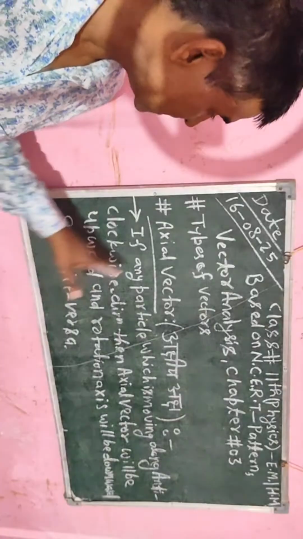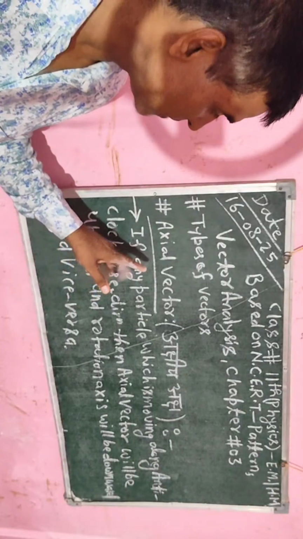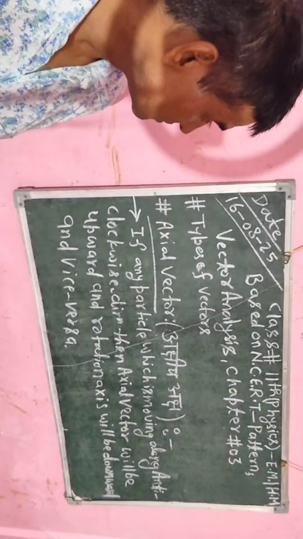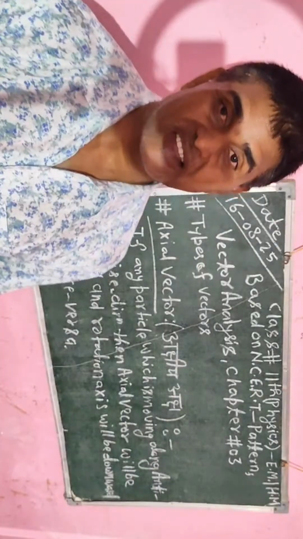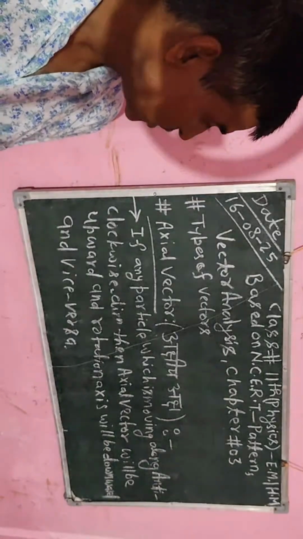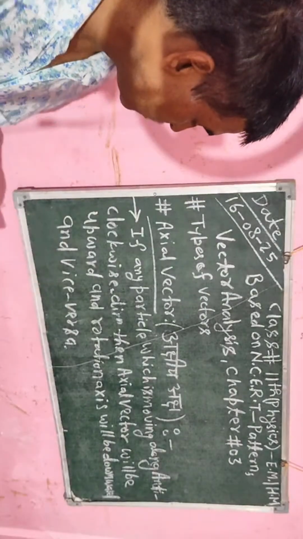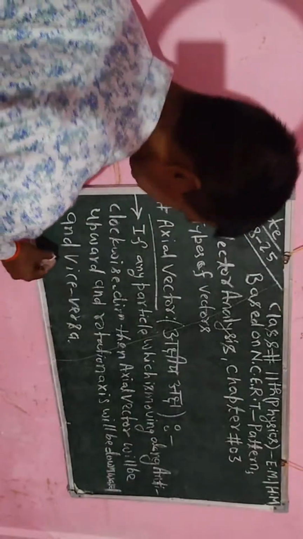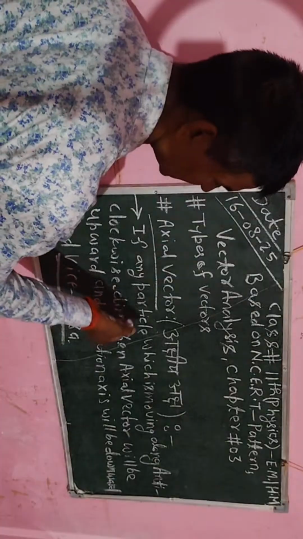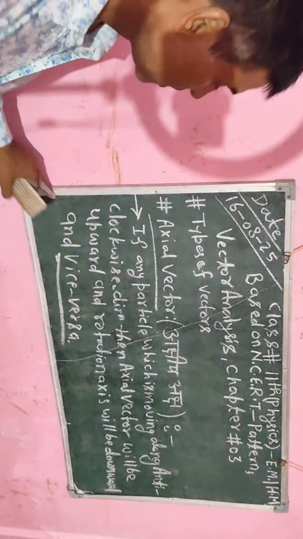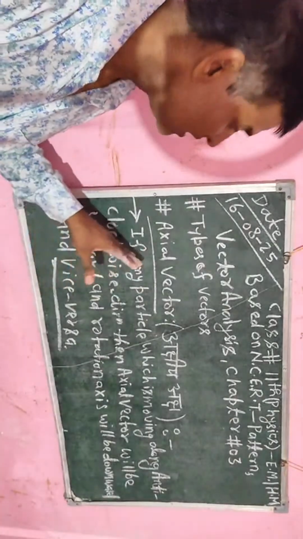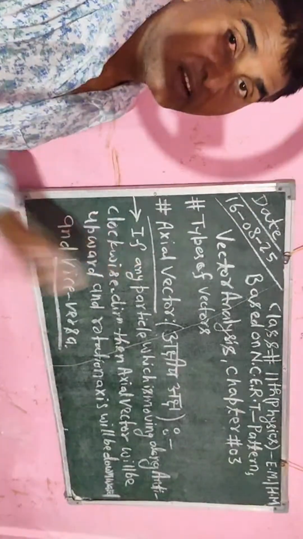So the axial vector is downward, and the opposite will be the rotation axis. Here I have written one statement, that is vice versa. It means that if the axial axis is upward, the axial vector will be downward. Vice versa means leading in the opposite direction.